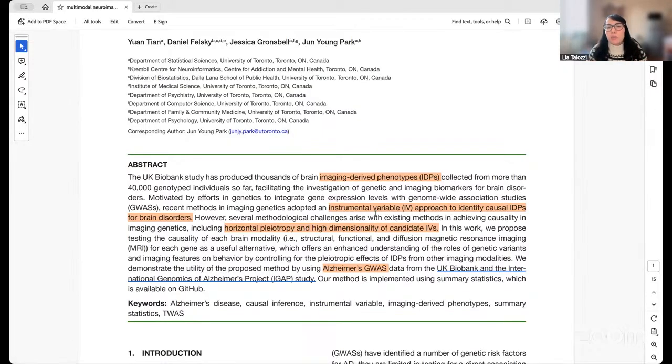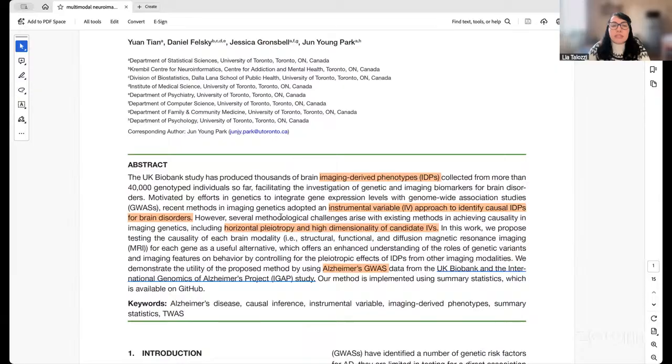And so this could be a problem in the assumption of some statistical models, like Mendelian randomization, which tries to do a step forward just to do a correlation, but they try to say, okay, so the genetics is causing these imaging phenotypes.